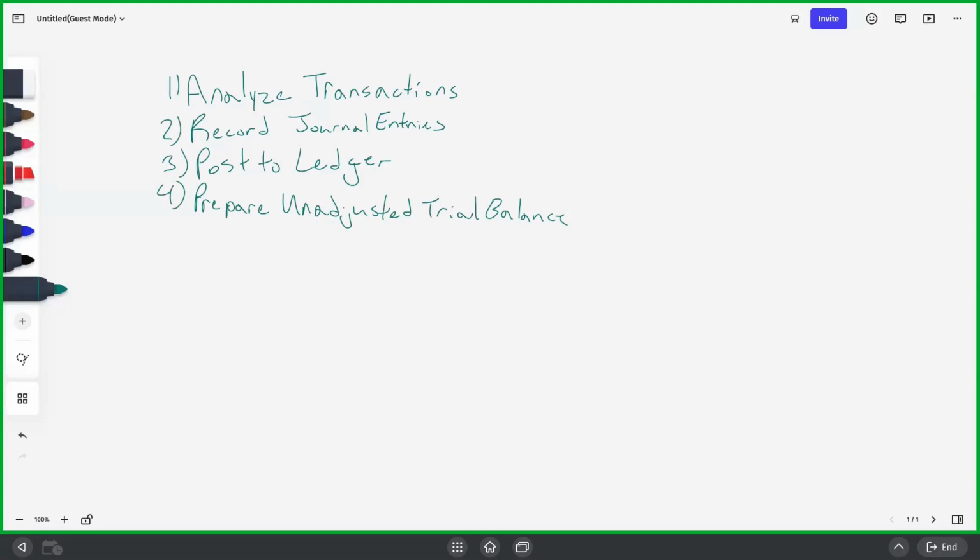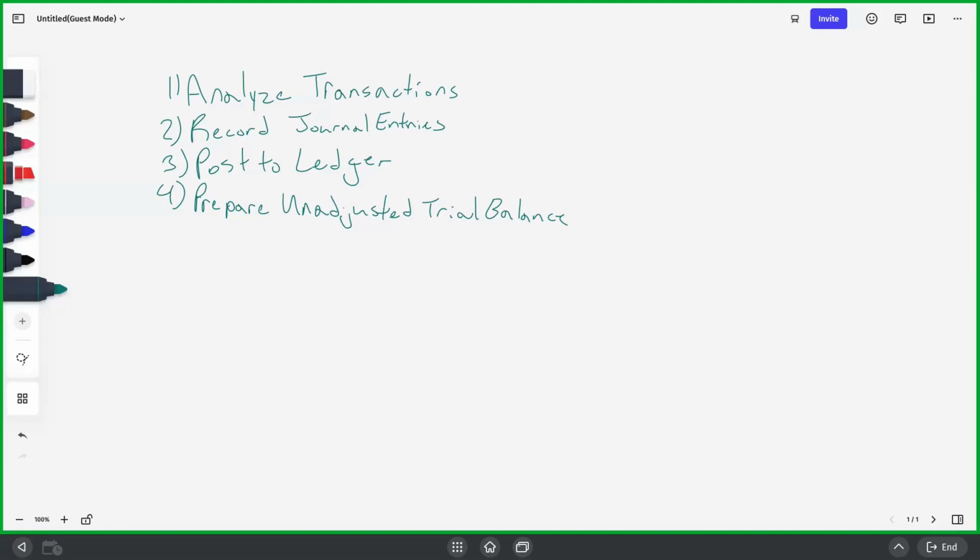First, we take our papers, our transactions, and say, yes, these are transactions. We then record these as a journal entry. We say, all right, debit cash, credit revenue. We did a service, and we got paid for it.